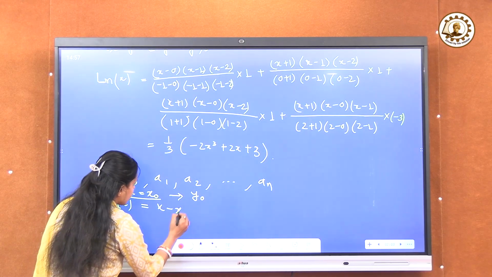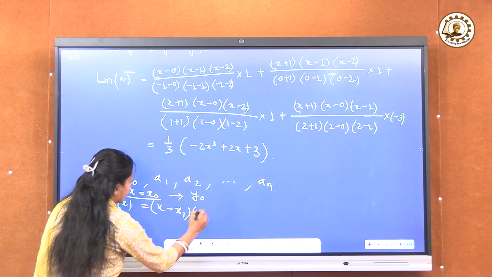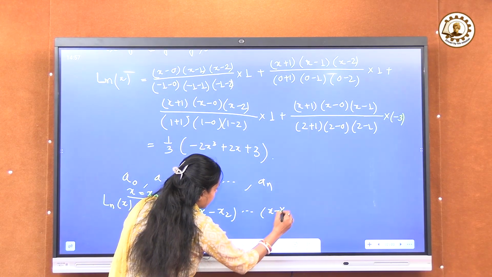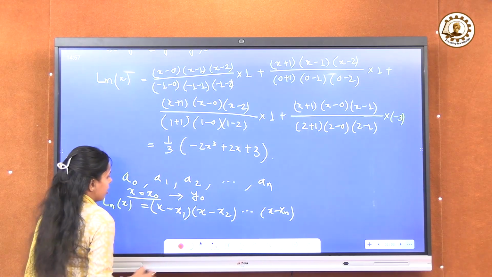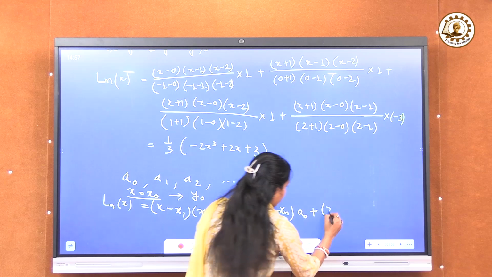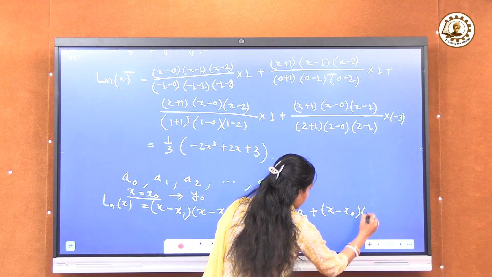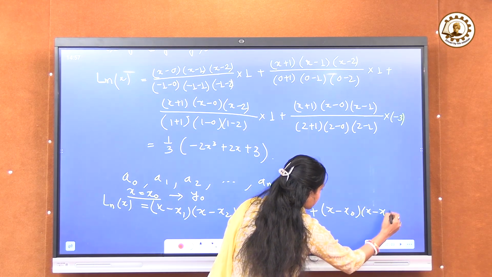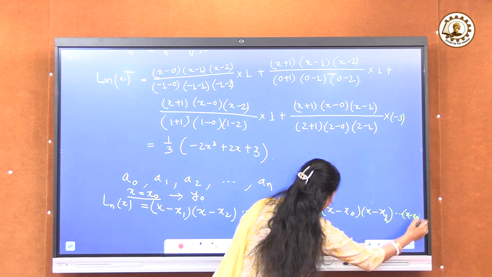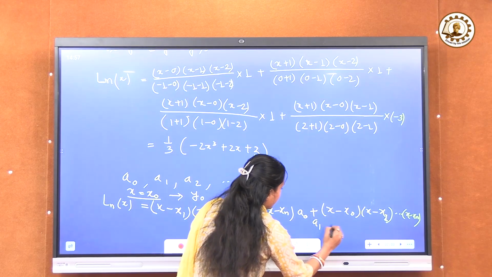So (x minus x1), (x minus x2) up to (x minus xn) times a0, plus (x minus x0), (x minus x2) up to (x minus xn) times a1.